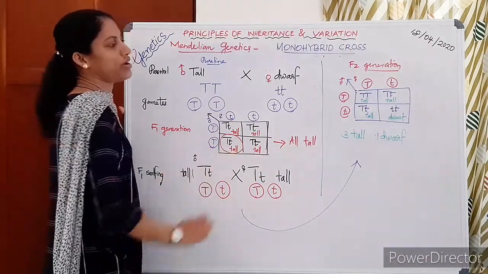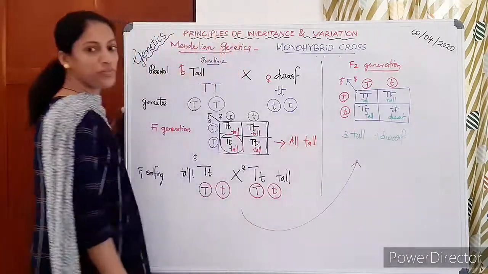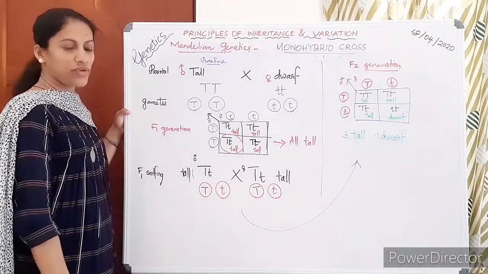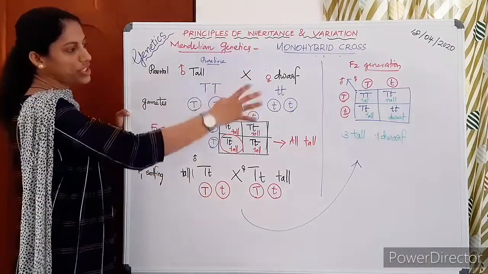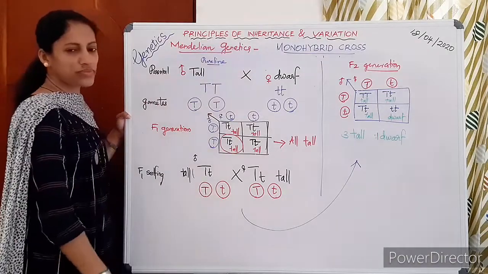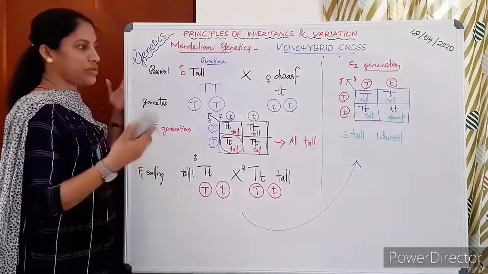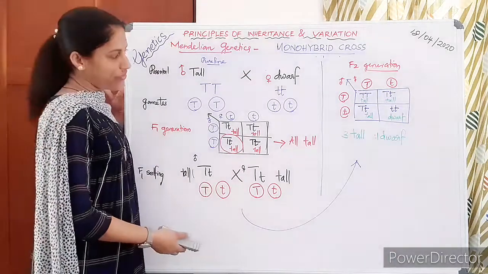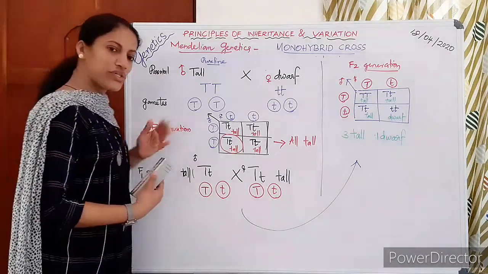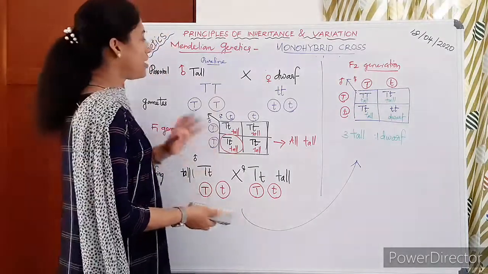Then the second Punnett square work, its result should be written separately. Then there are so many things to understand from this about the phenotype, genotype, dominant, recessive, homozygous, heterozygous, so many terms to understand.